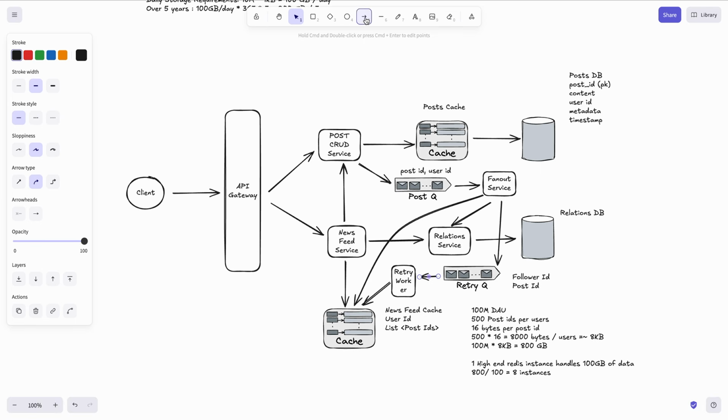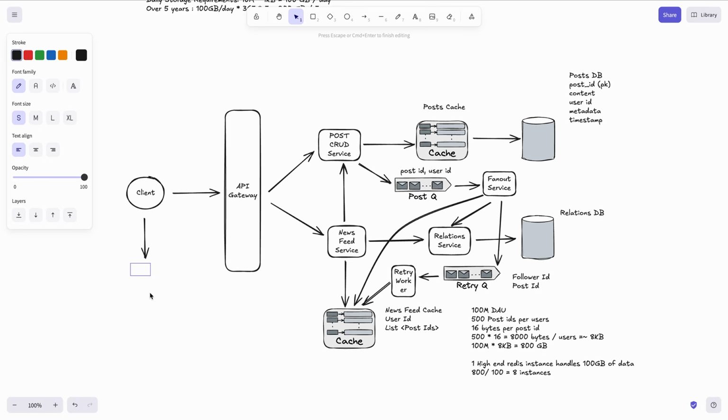That is, the client would maintain a list of seen posts, and let's say it has some list of post IDs which have already been seen.